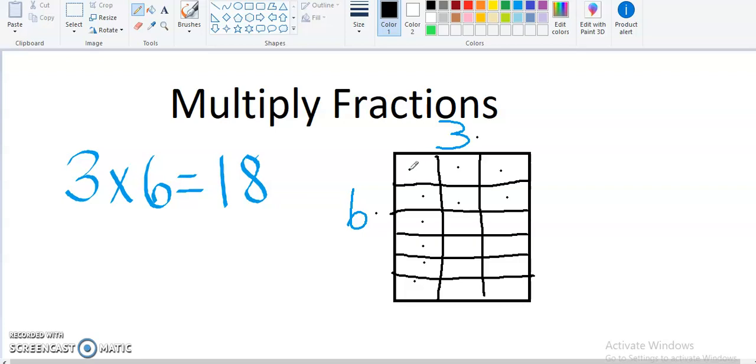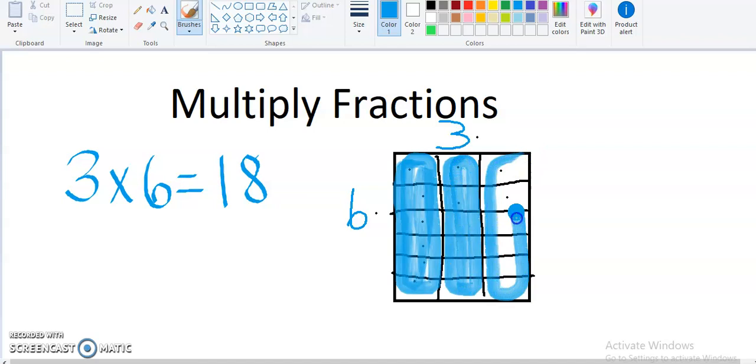So let's take the 3 and I'm going to shade in. Let me switch to color blue. And I'm going to shade in the 3 units. So this is 1 unit. This is 2. And this was the 3 for this side.